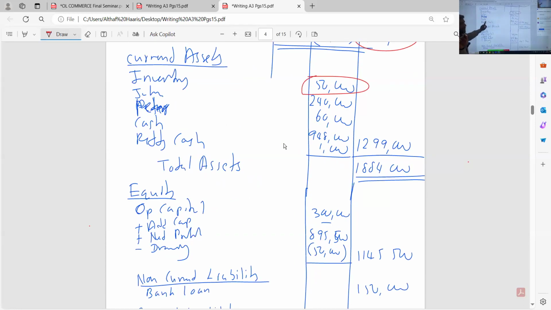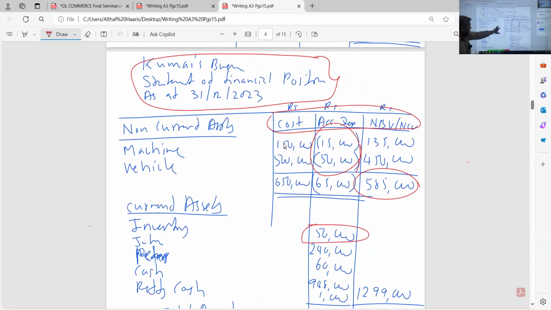No need to balance the accounts also. If you just write the values that I showed you right now, here and there, if all other things are empty, still you will get those marks. These are small tips that I am giving you, people. If you run out of time in your exam, what to do?